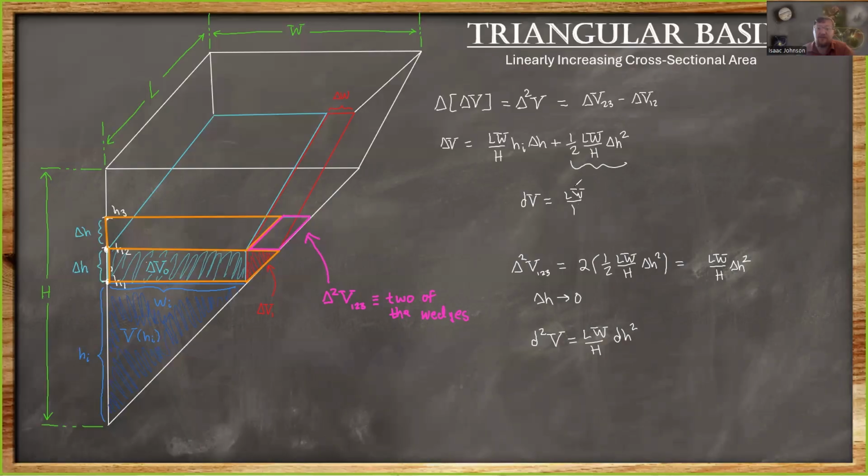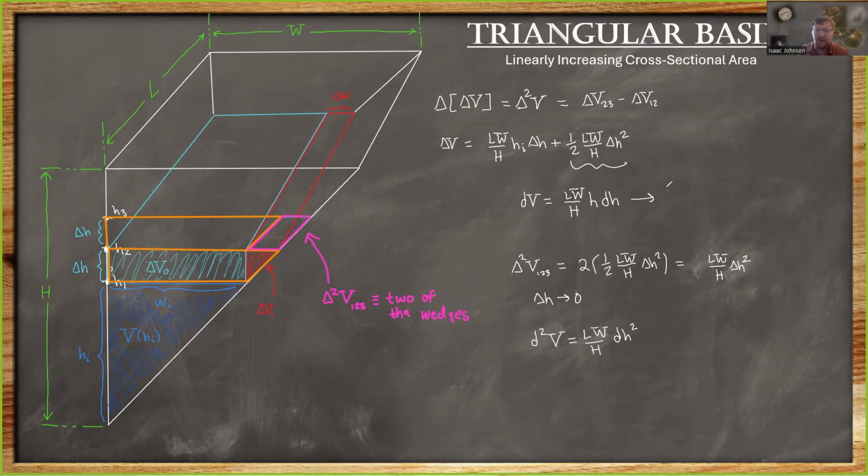Or sorry, I'm talking about the differential one, not the finite difference. So when we squeezed it all down to 1 point, wasn't it only the linear term that survived? Yeah, right? So it was just length width over height times H times dH. Oh, okay, because we stopped saying H initial and H final because it was really just 1 point we were dealing with.